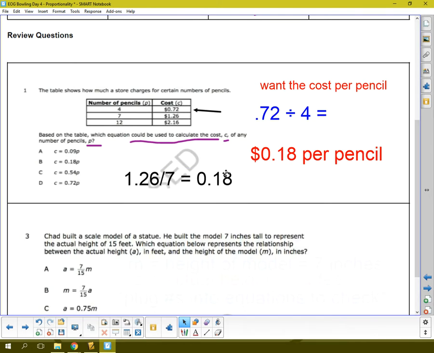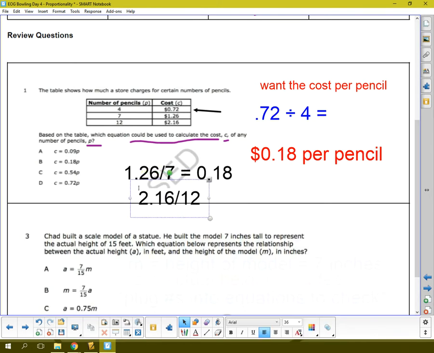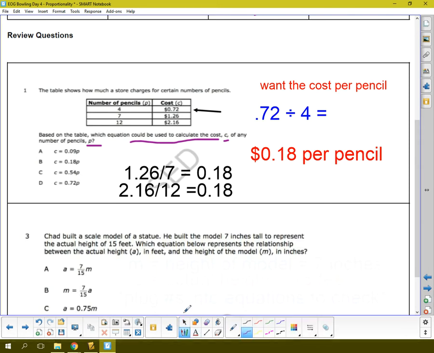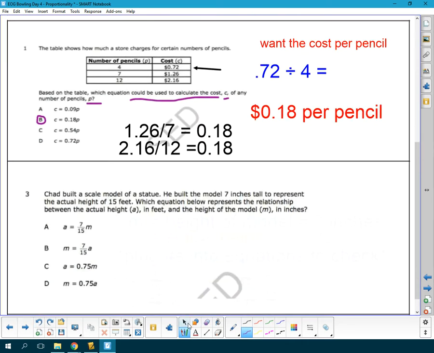And if I take 2.16 and divide it by 12, I still get 0.18. That tells me that the ratio is proportional, but it also tells me that the only answer choice that makes any sense is B. That's the one with 18 cents in it. This says that the cost is 18 cents per pencil there on answer choice B. And that's the one that I would choose there on that first example problem.